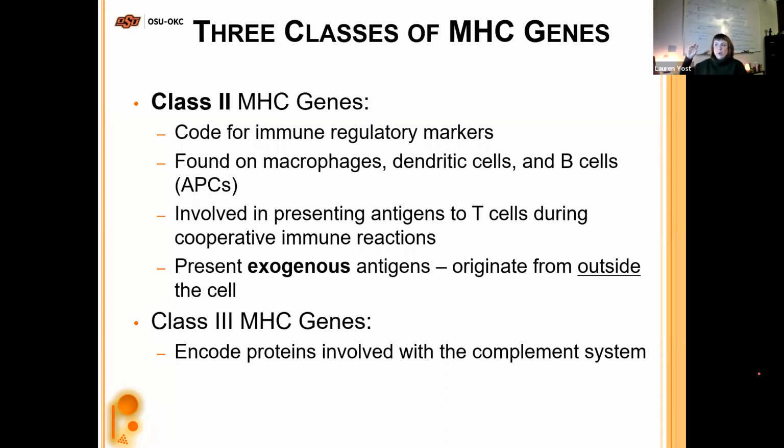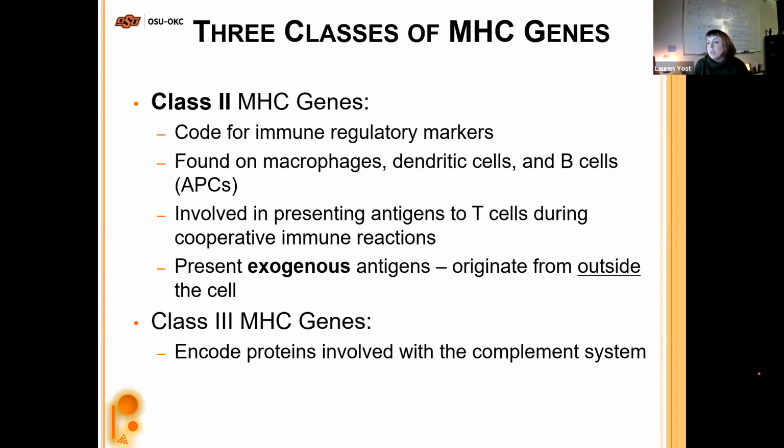MHC2, these are for immune regulation on macrophages, dendritic cells, and B cells, the antigen-presenting cells. These are going to be involved in presenting to T cells during cooperative immune reactions. That means the T cells are going to help activate B cells to go fight, or make antibody.